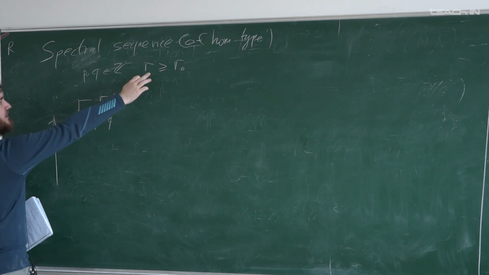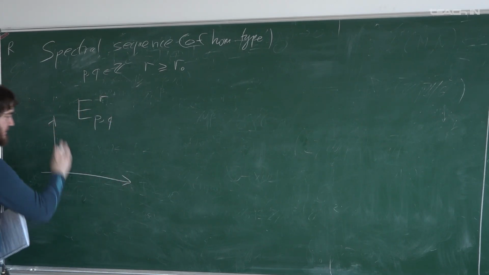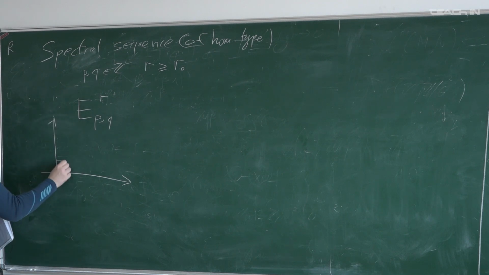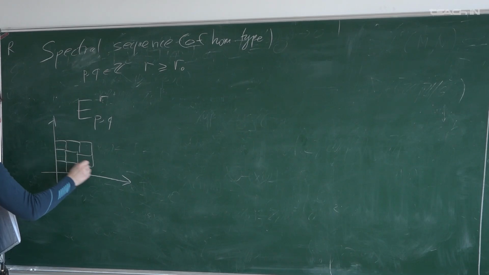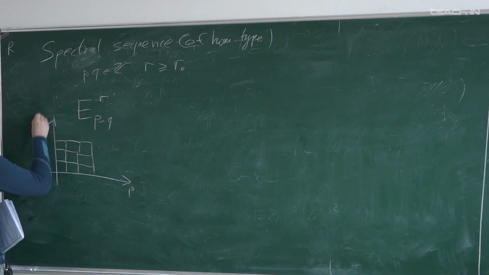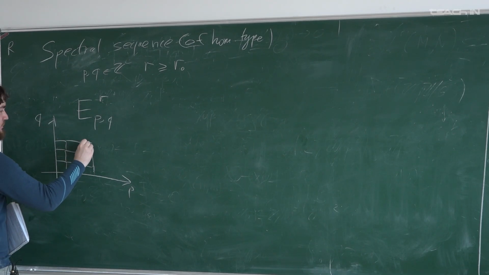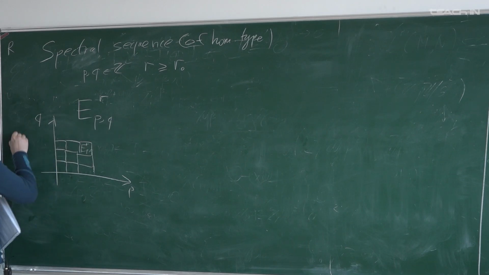For any number r, we have a page numbered by integer coordinates p, q. In each coordinate we have a module. It's the r-th page. r is fixed, p and q are integers.